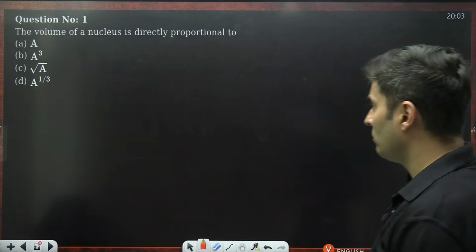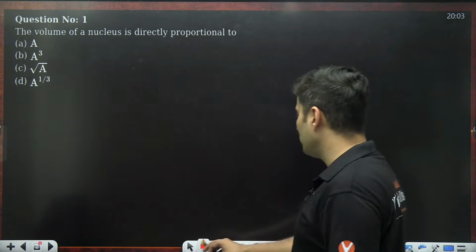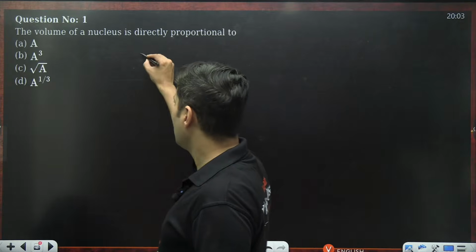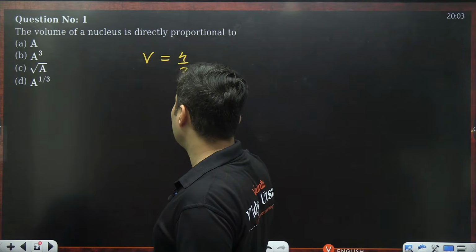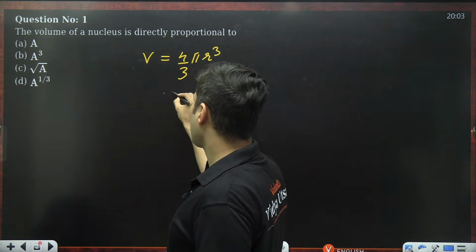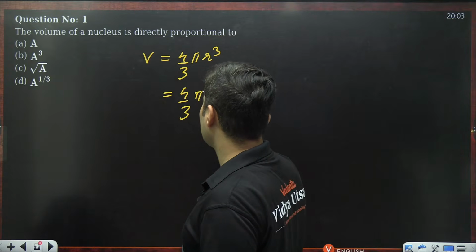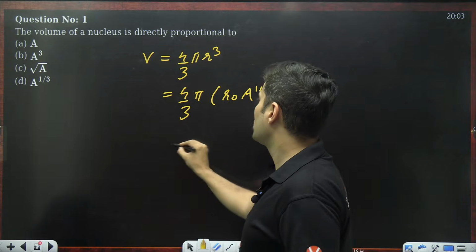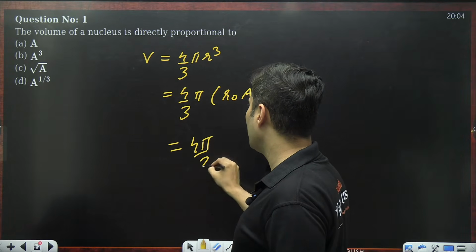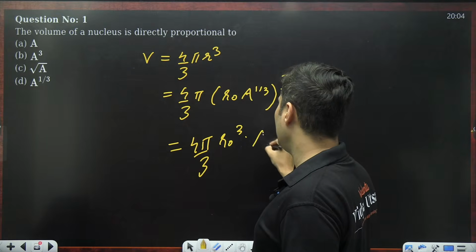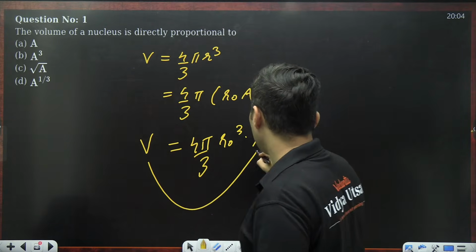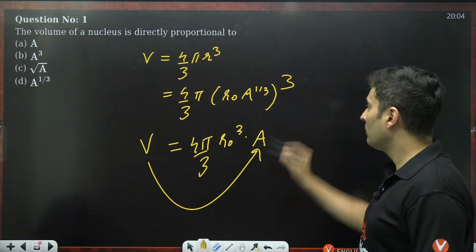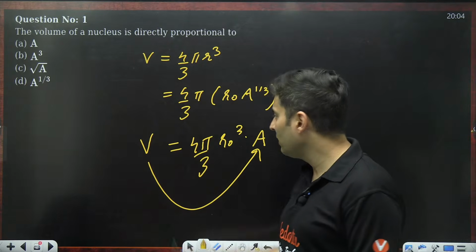The volume of a nucleus is directly proportional to what? Volume is 4 by 3 pi r cube. And what is the radius of a nucleus? It is r naught A raised to 1 by 3, so whole cube. So this will be 4 pi by 3 r naught cube into A. So the volume is directly proportional to A, because A raised to 1 by 3 and raised to 3 will cancel.